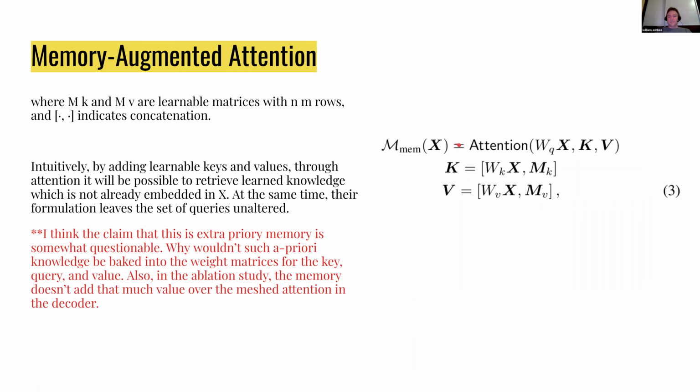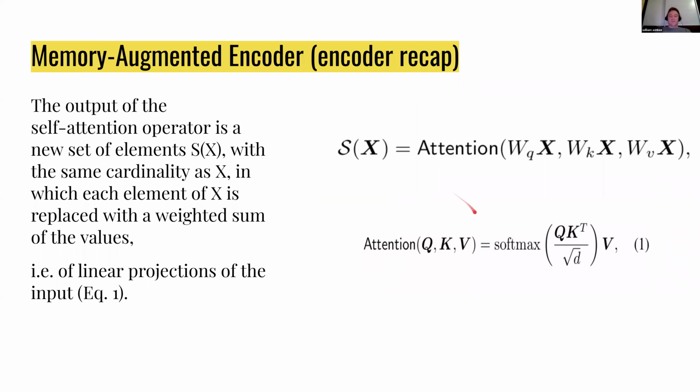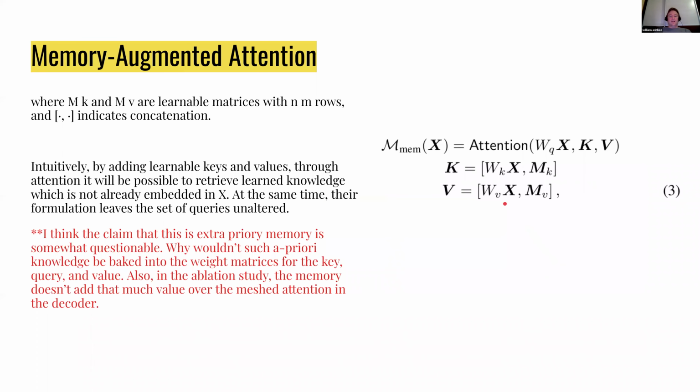So essentially, you have the query, key, and value equation for attention. Now you have a concatenated memory, a learned matrix for the memory, for both the key and value, and all of the rest of the downstream.